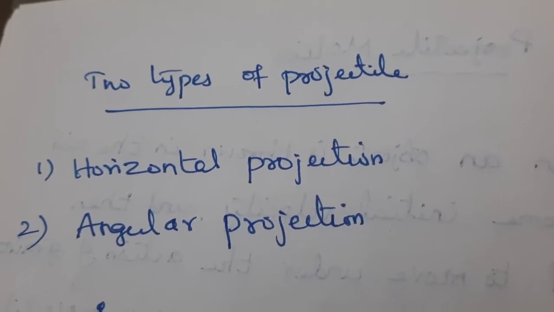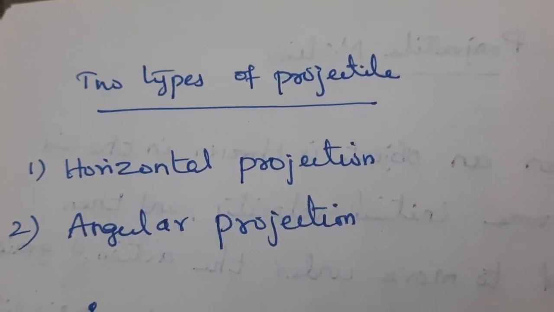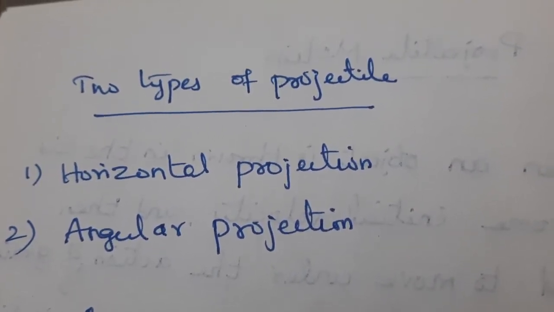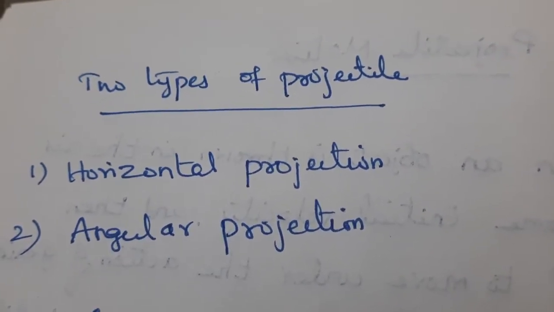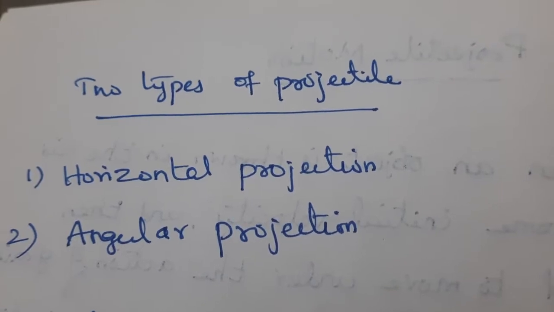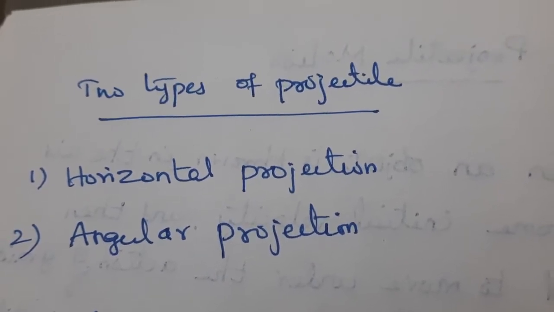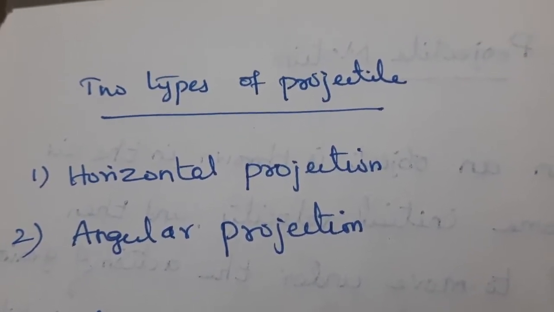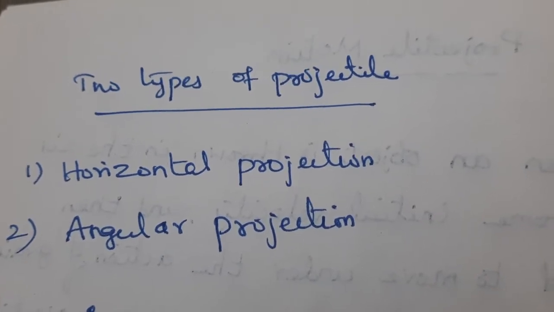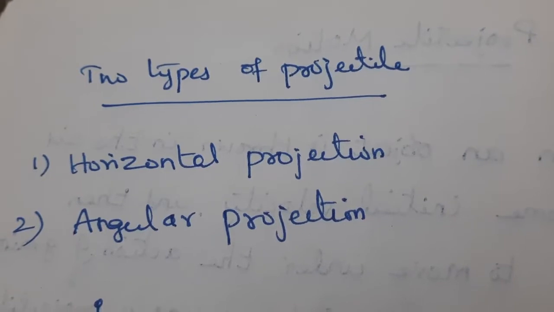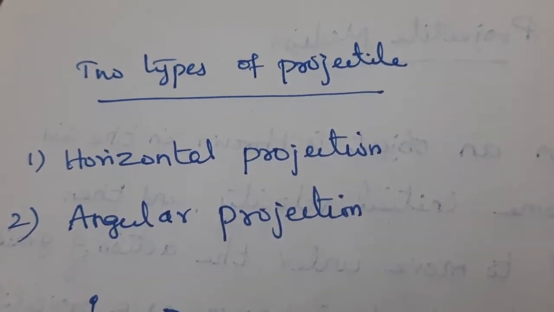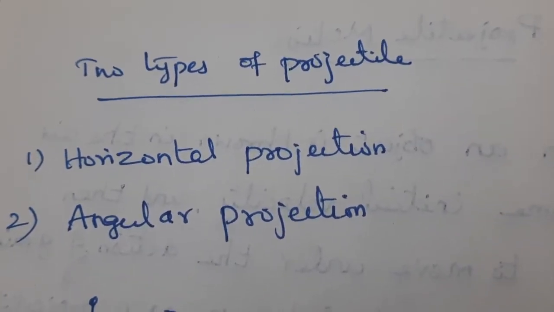That is, from the top of any building or tower, we are throwing the object horizontally. That is horizontal projection.